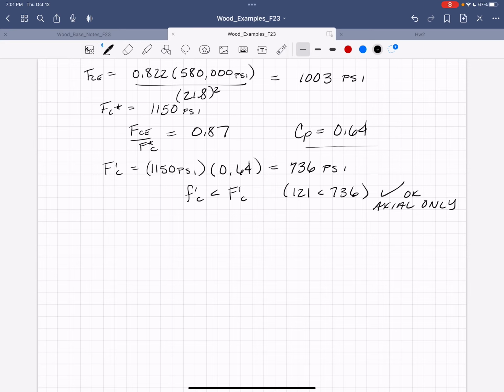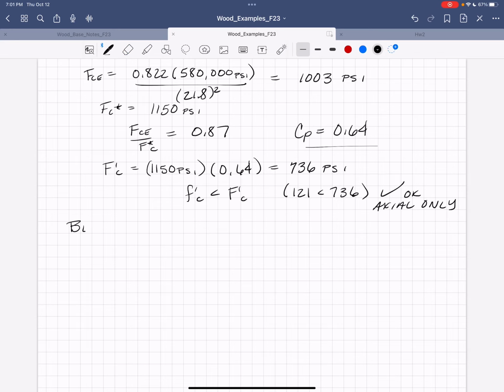Now, if you ran into that on the test, you can rest assured that you probably made a mistake, because I wouldn't have you stop halfway through. So go ahead and calculate the bending just in case. But in real life, this is where I would stop. If this was, let's say, 750 instead of 730, I know it's not going to meet combined axial and bending. So I'd stop and get a new section size or a new type.